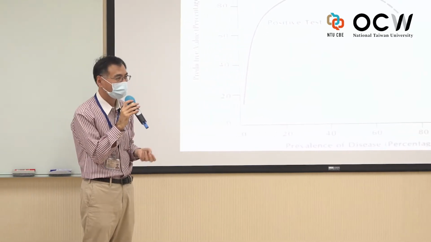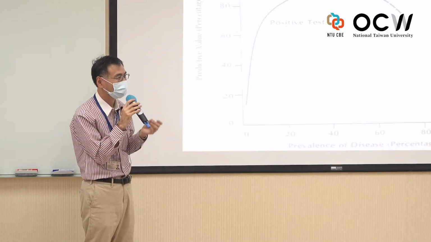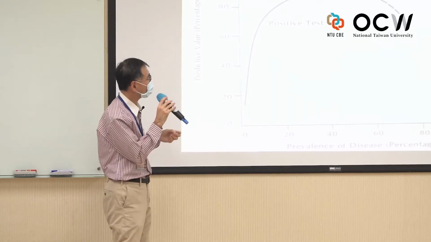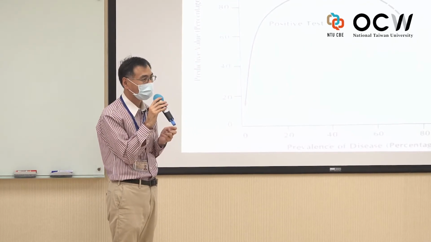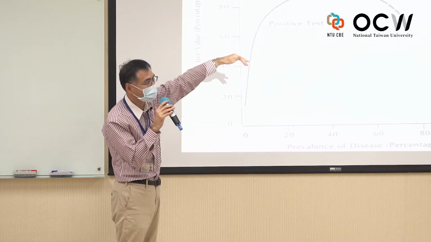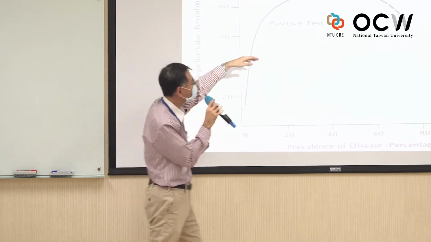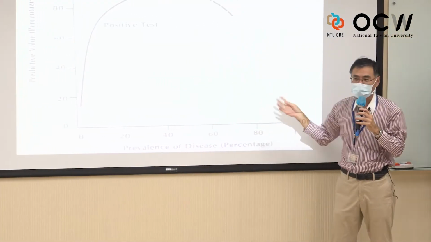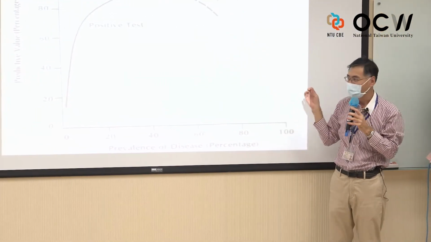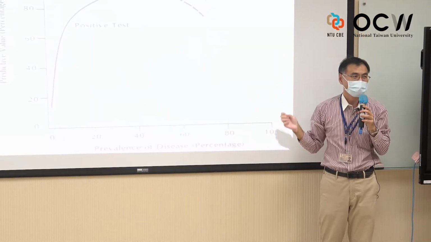Now the key point is how to find the best point to have the best positive predictive value, but not so bad a negative predictive value, right? Because the negative predictive value is dropping. So maybe it's about this area. This gives us some idea about which kind of population would be the best target to be screened.